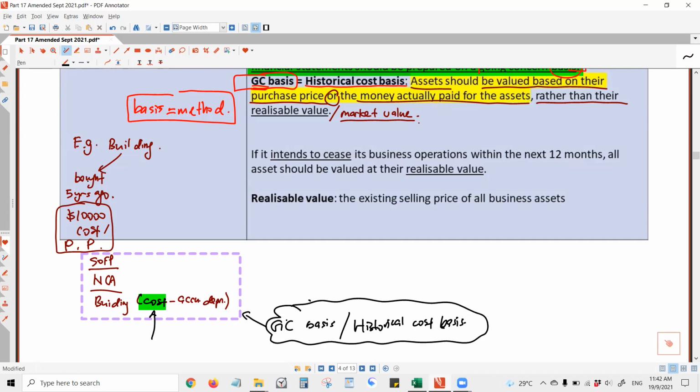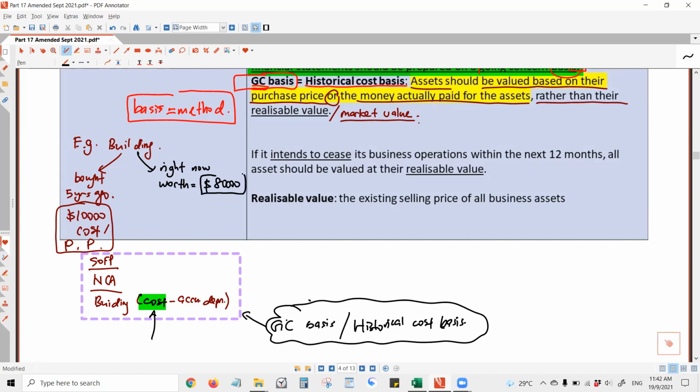So this is a building that you bought 5 years ago. Right now, it is worth maybe 80,000. That means it has increased in value by $70,000.